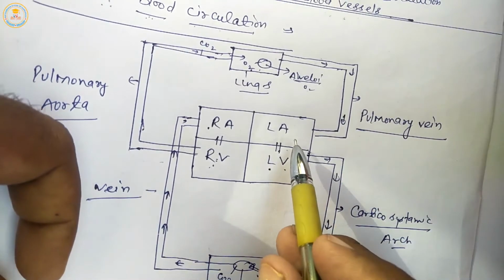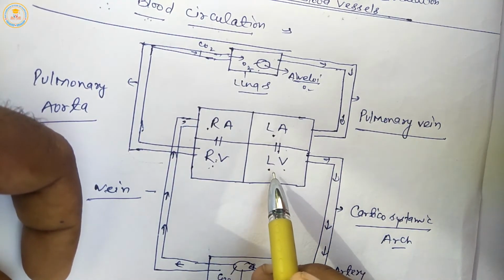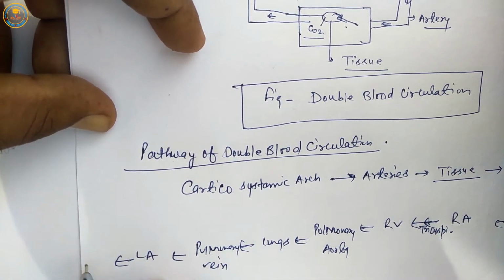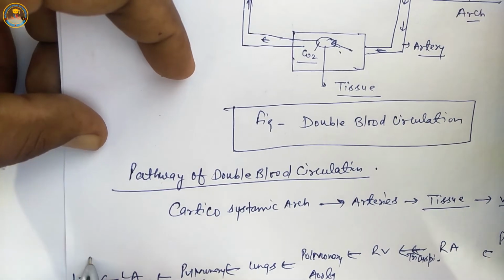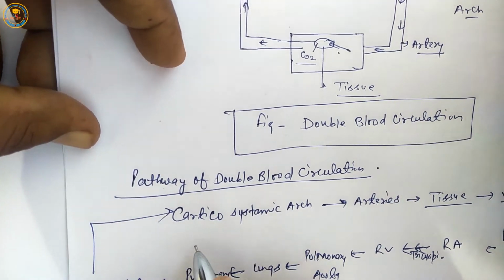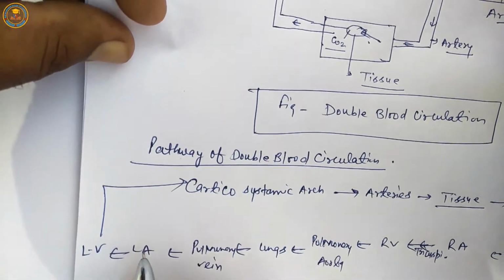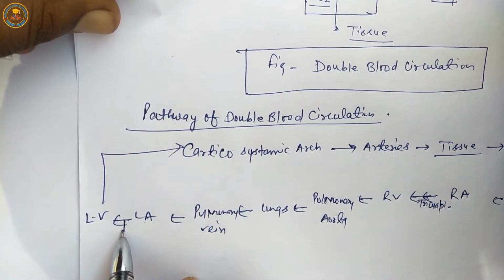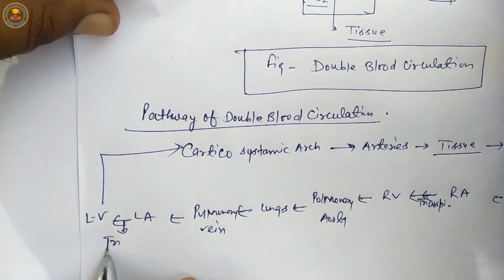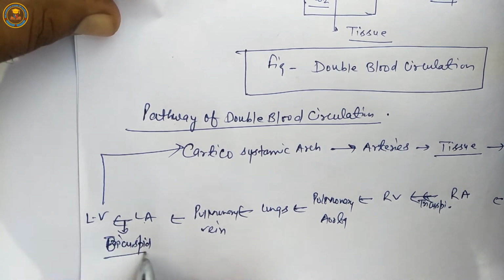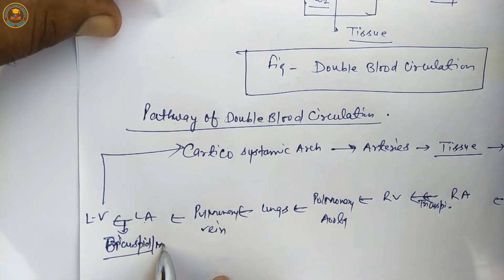The pulmonary vein enters the left auricle, then the left ventricle, and then the systemic arch. The left auricle and left ventricle open through a specific valve, the bicuspid valve or mitral valve.